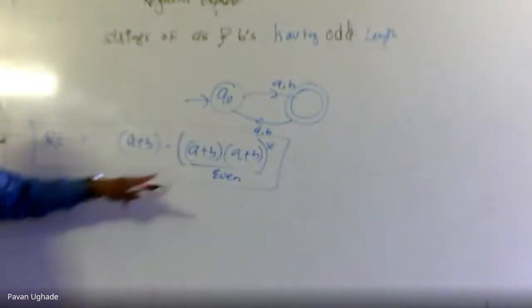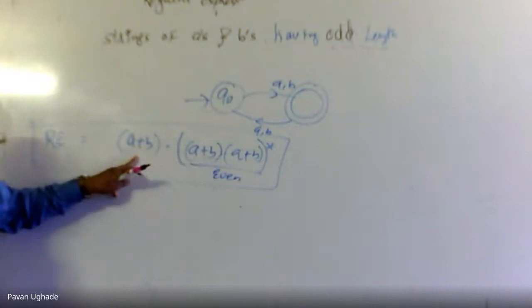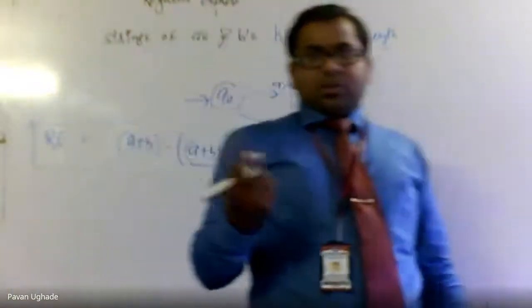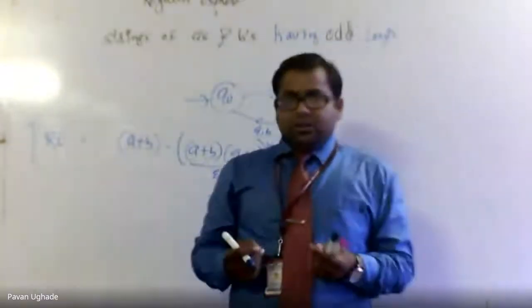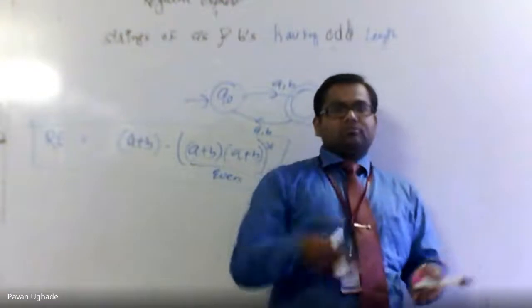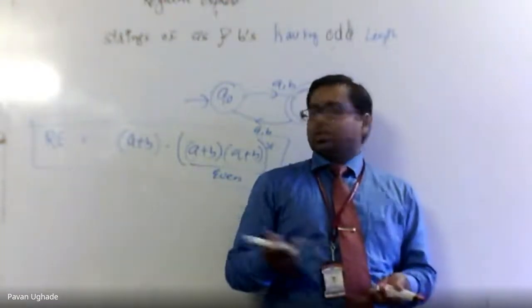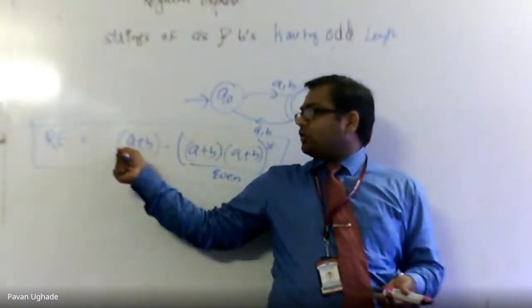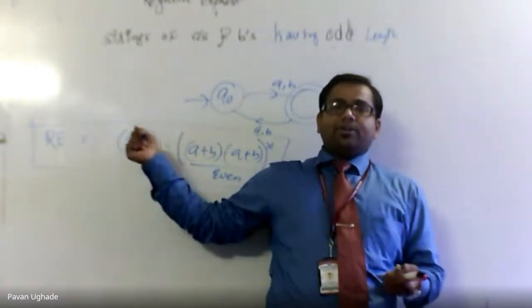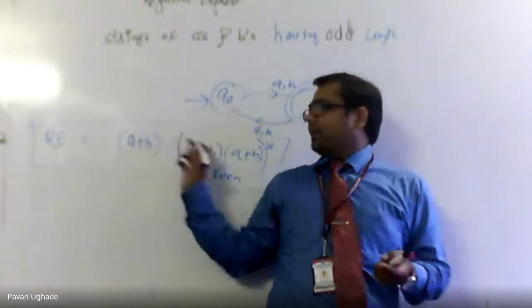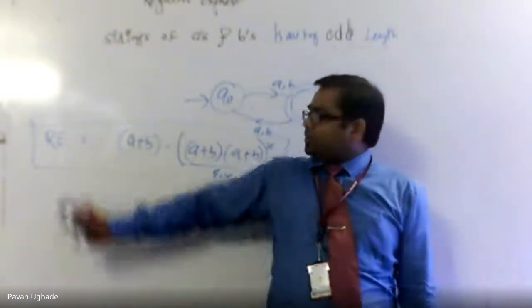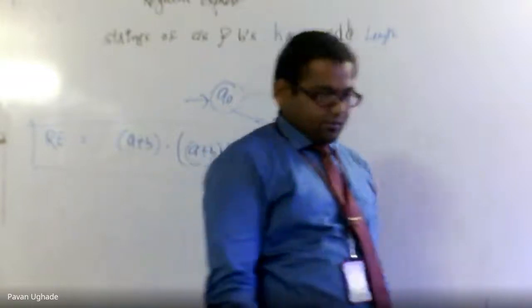What will it become for odd? We have to add either one A or one B. Because if it is 6, 6 plus 1 will be odd. We are adding only one A or one B. It is not A and B, it is A or B. Only one we are appending to the even part. It becomes odd, right?